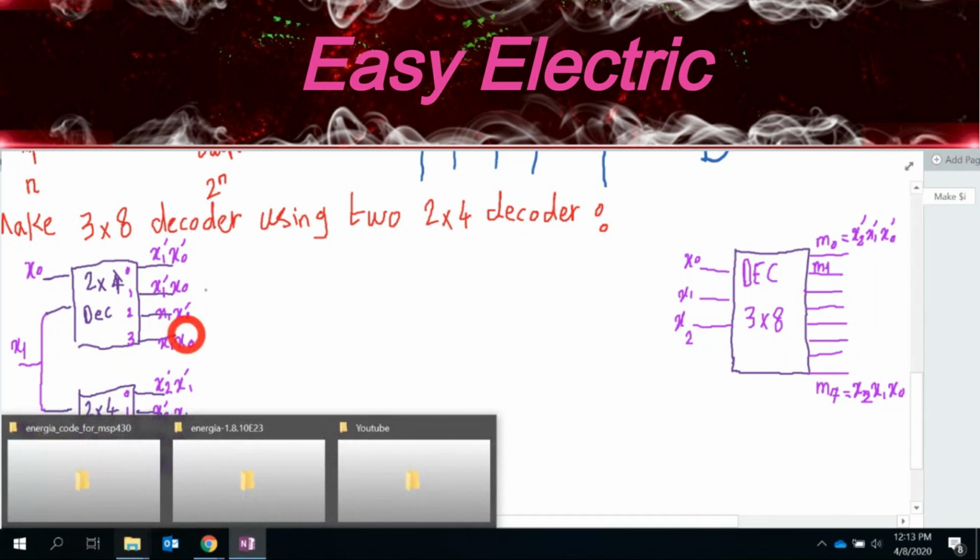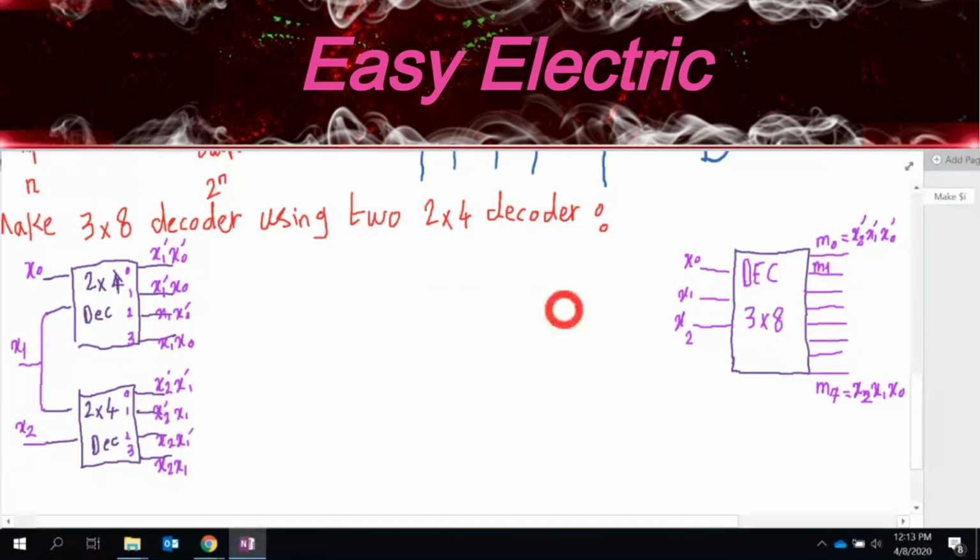Now back to here and see, in the 3x8, midterm 0 is x0' x1' x2'. What you have here is x0' x1'. This doesn't have x2'. How about this one?